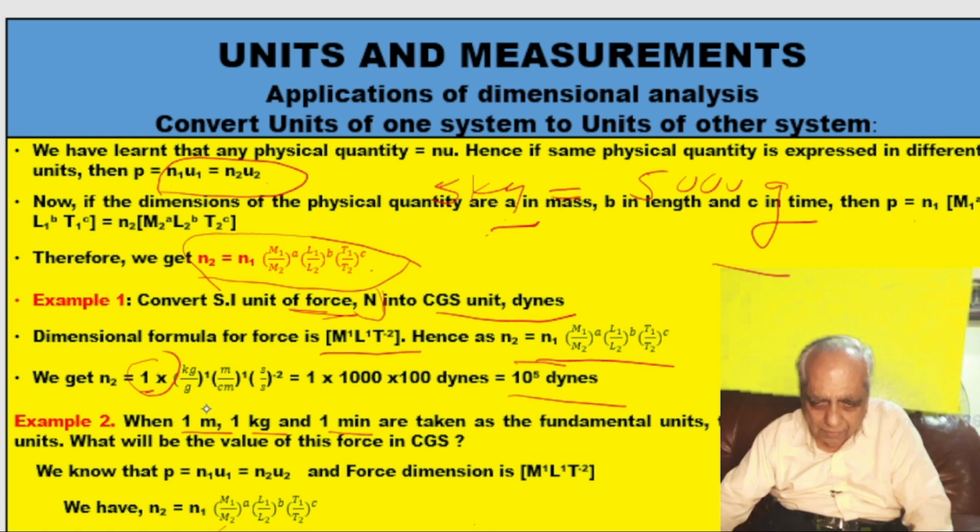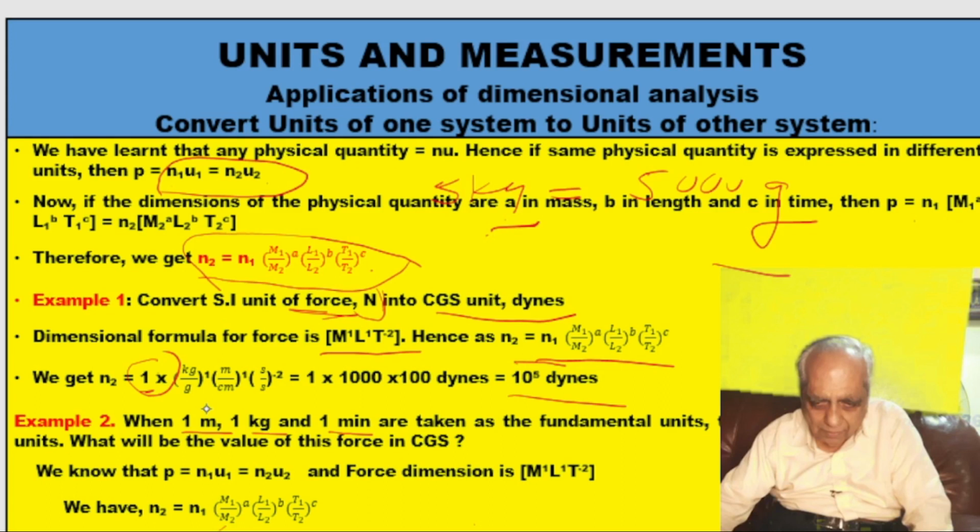And for 2 I want to calculate in CGS. So N2 I want to calculate, N2 is equal to, here will come CGS. So CGS means here will come gram, here will come centimeter, here will come second. This is kg, meter, minutes, and this 36. Because I want to calculate for this 36 in the new system how much is in the CGS.